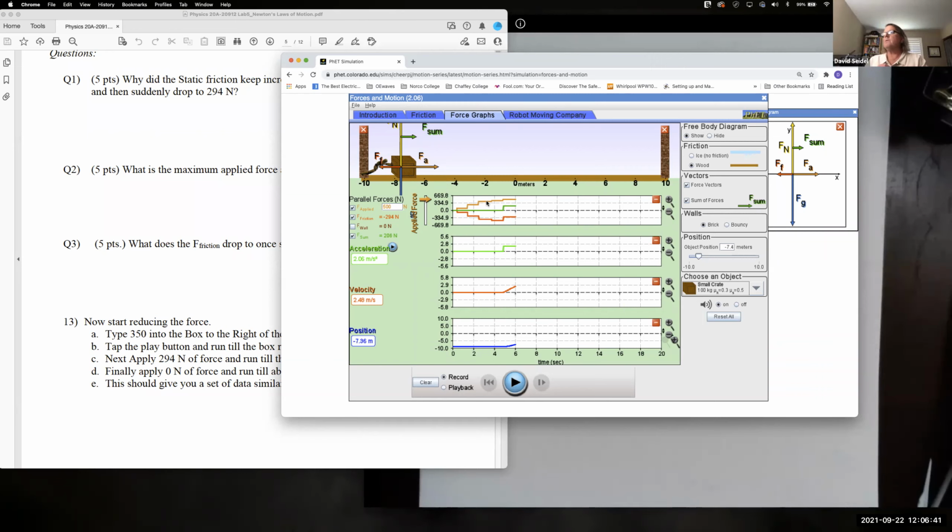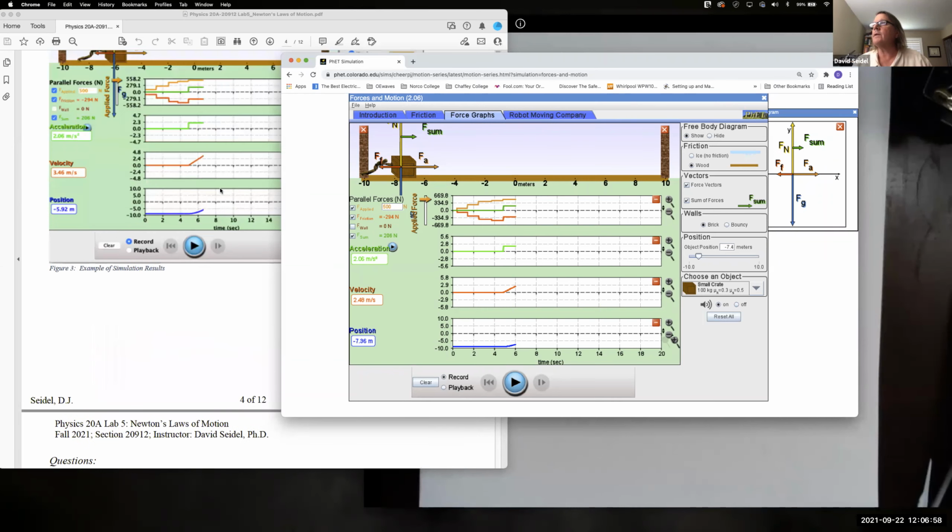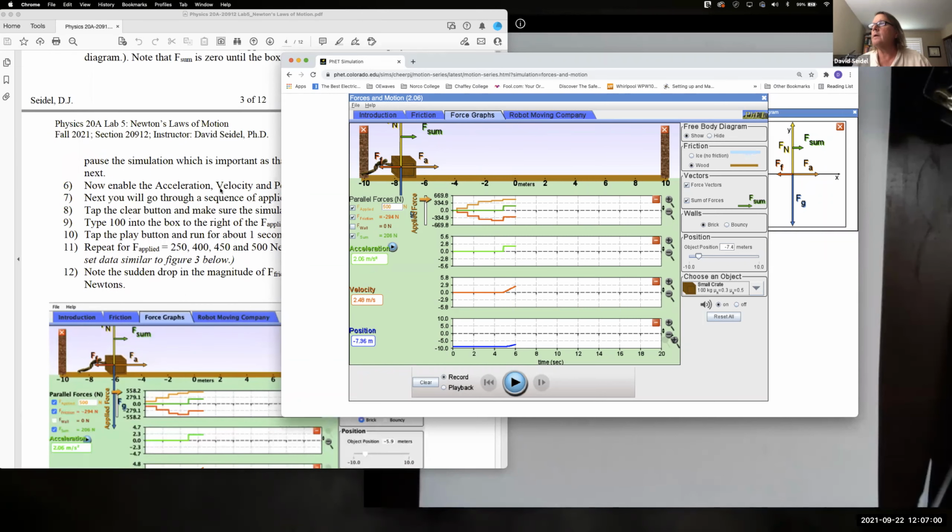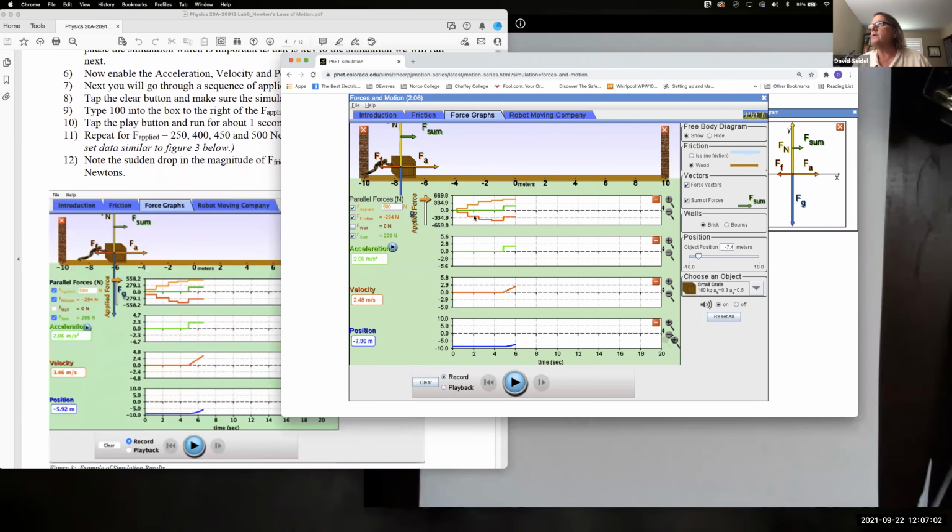What level? Where you stopped it at. Here was 350 before, here's 350 here. So this was 100, 250, 400, 500.